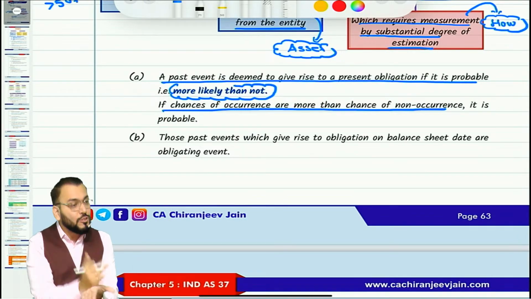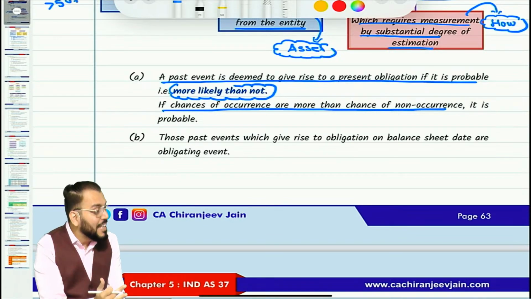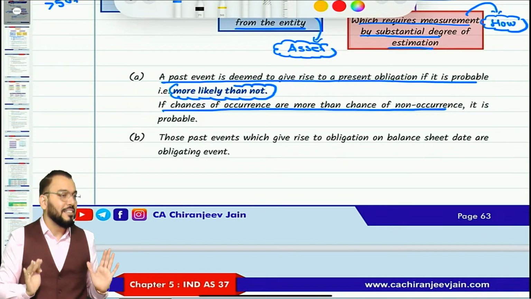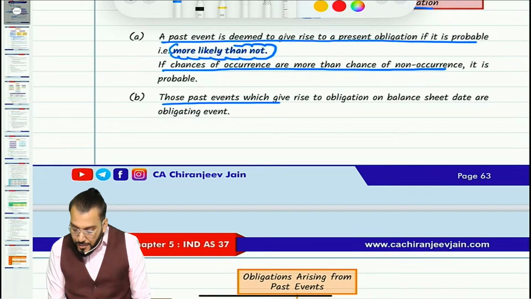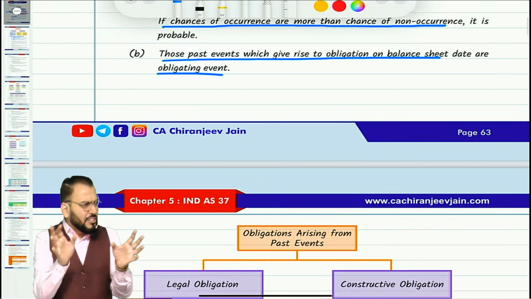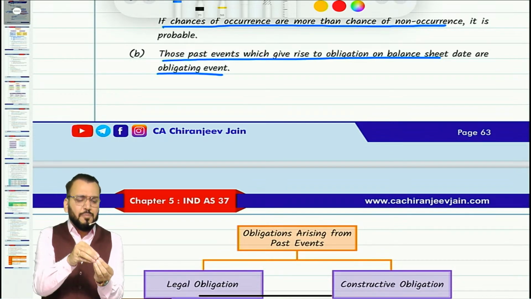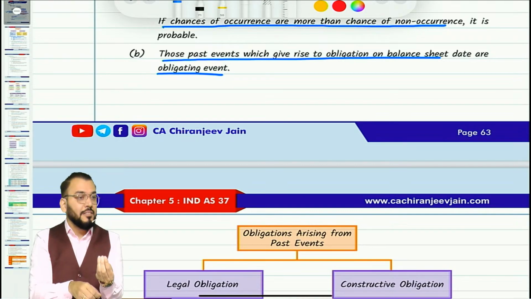In this chapter we are discussing obligating events. Obligating event means what? Those past events which give rise to an obligation on which date? On the reporting date. Have you understood? Correct. Those past events which give rise to an obligation on the balance sheet date are known as obligating events. So in any case study, first find out whether there is an obligating event, meaning whether there is an obligation on the reporting date.